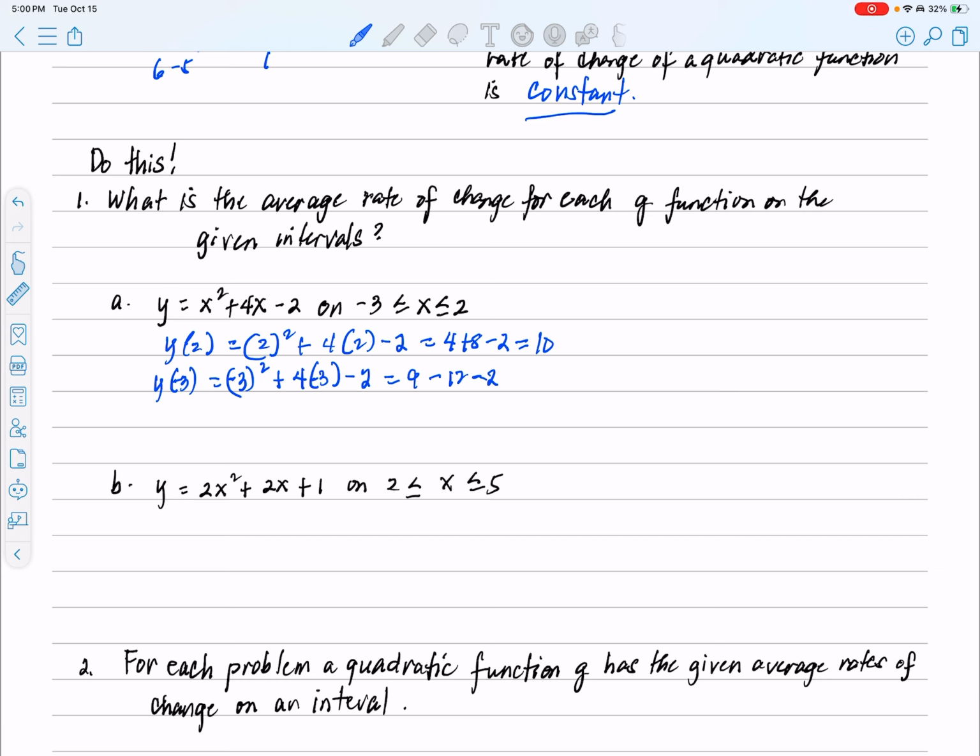So that would be equal to 9 minus 14. That would be equal to negative 5.